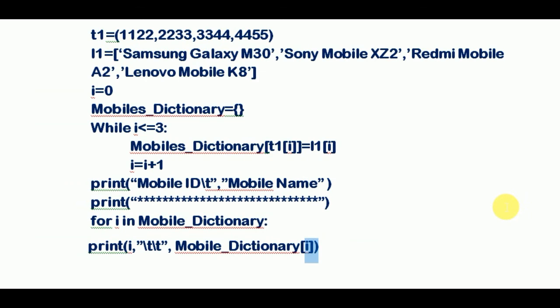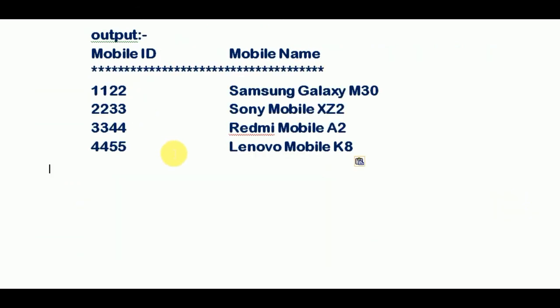Now what will the output be? The output would be like this: mobile ID, mobile name. Here we have mobile IDs 1122, 2233, 3344, 4455. The first mobile ID contains the name Samsung Galaxy M30, the second contains Sony mobile, the third is this, and the fourth one is this.